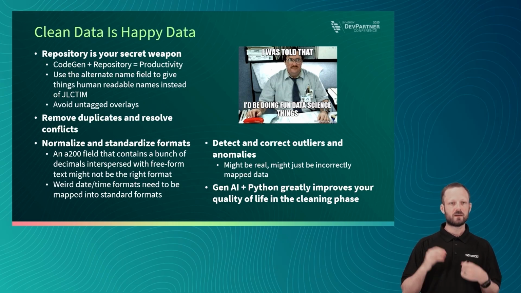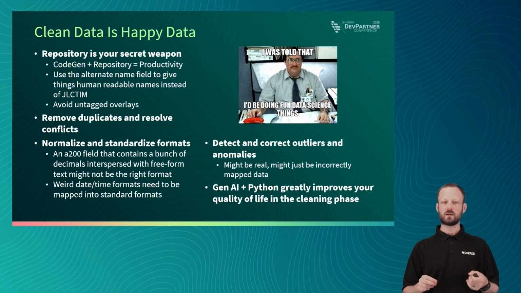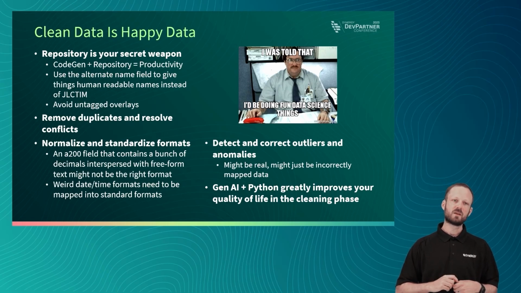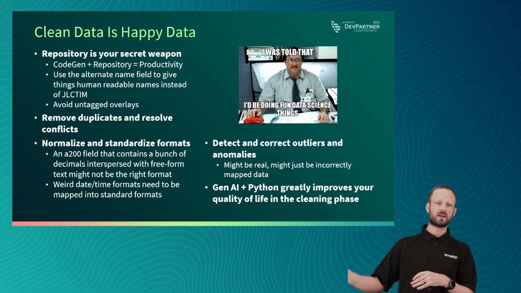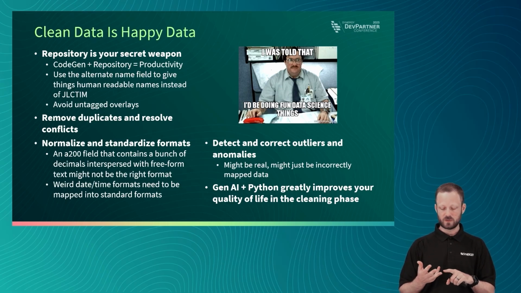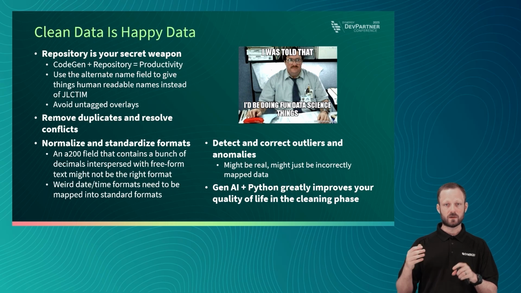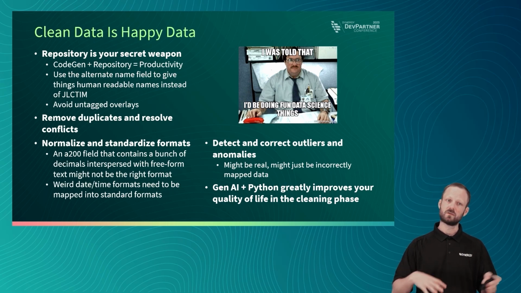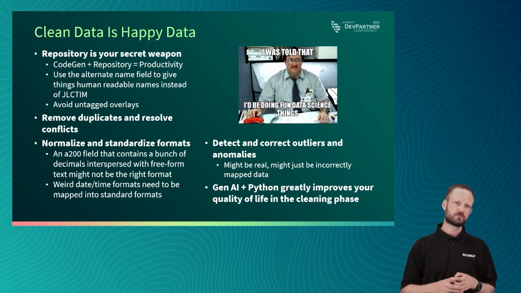It has a human readable, human understandable name that goes along with it, and maybe even a description. So CodeGen can use that. So if you end up writing out to Parquet or something like that, CodeGen will know the data types, the human-friendly name, and generate code appropriately to map your Synergy records into that standard format.